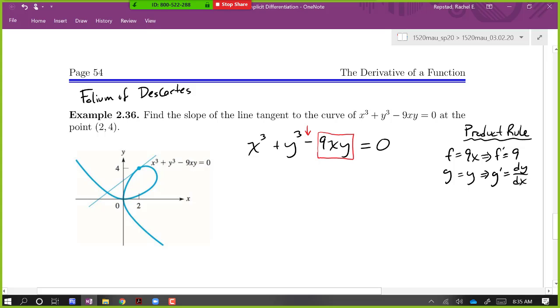Okay, so now we have that set up, so it's ready for us when we need to use it. Let's take the derivative.